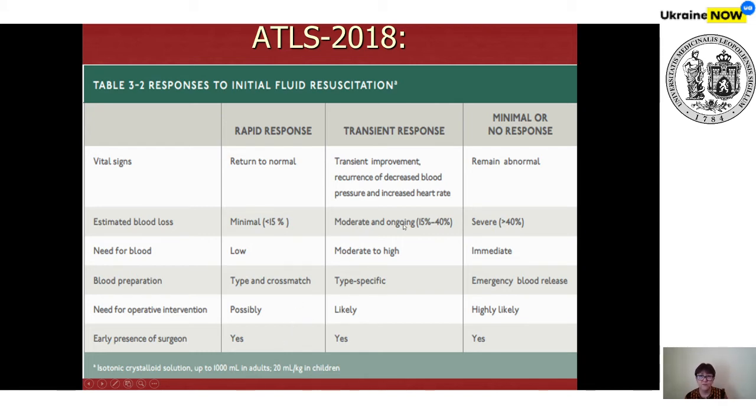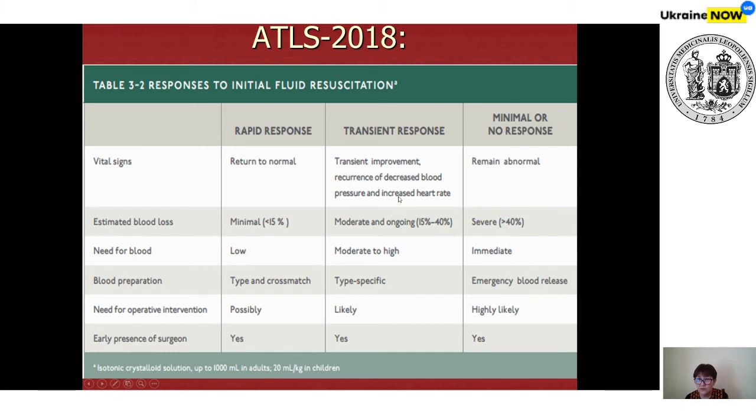Transient response. Transient improvement, recurrence of decreased blood pressure and increased heart rate. The volume of blood loss in this case may be moderate or ongoing, from 15 to 40%. Need for blood is moderate to high. The blood must be type specific, need for surgery is likely, and a surgeon is needed.